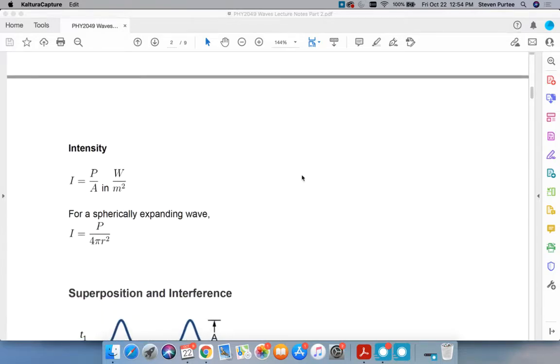Because we care about intensity. When we talk later in the next chapter about loudness, the decibel scale, we care about how intense a sound is. And intensity is power divided by cross-sectional area, watts per square meter.